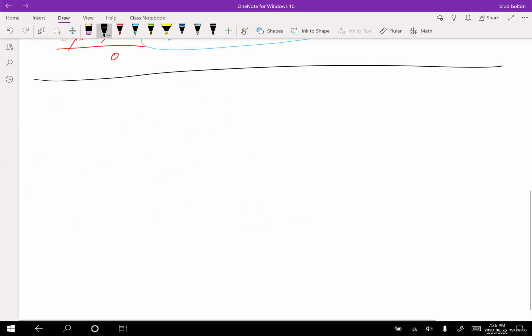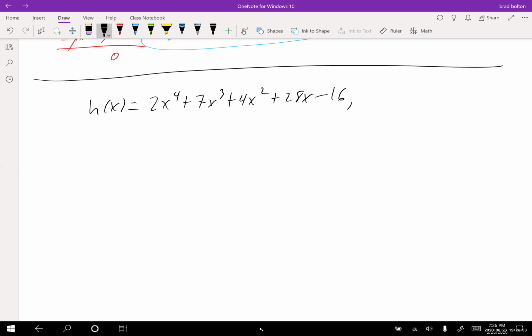Okay, so I'm going to write this one out for you. So h of x equals 2x to the 4th plus 7x cubed plus 4x squared plus 28x minus 16. And they say negative 2i is a 0. Okay, so we're going to do the same thing as last time.